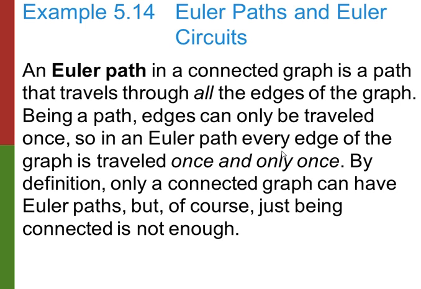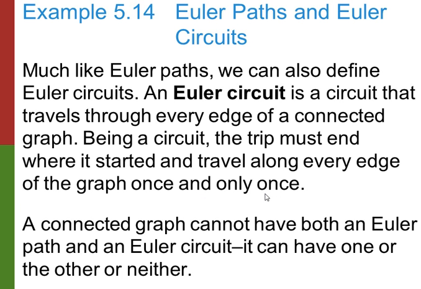So an Euler path does every edge, but it only travels each one once. An Euler circuit is a circuit that travels through every edge of a connected graph. Being a circuit, I have to end up where I started. So I can have an Euler path, where I travel everything, or I can have an Euler circuit and end up where I started from.